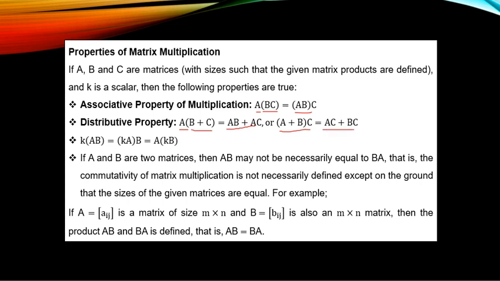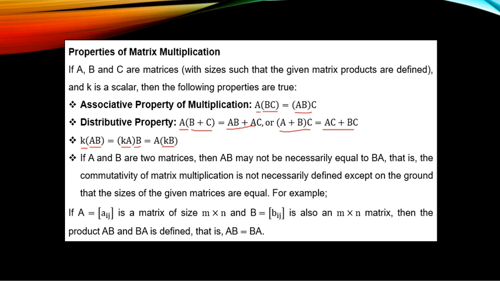You can also have a scalar. If you find the product AB and multiply it by a scalar, it is the same thing as the first matrix multiplied by the scalar before multiplying by the second matrix. It's also the same thing as multiplying the second matrix by the scalar before multiplying it by the first matrix.